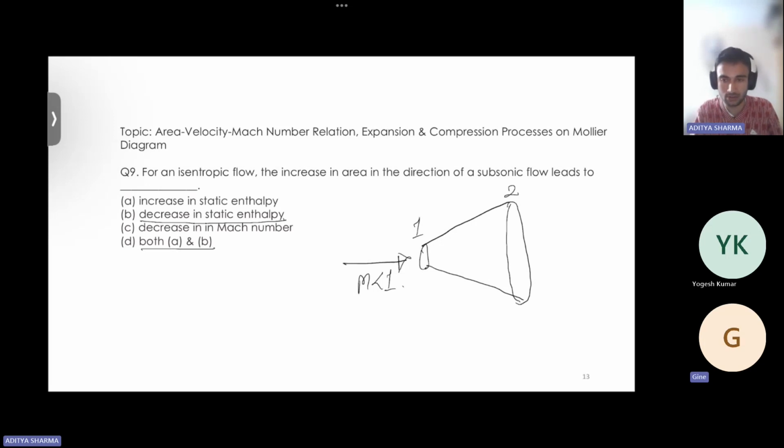Okay. And what does Yogesh say? So pressure decreases. And what happens to the velocity? Let's see this again. Increases. Okay.